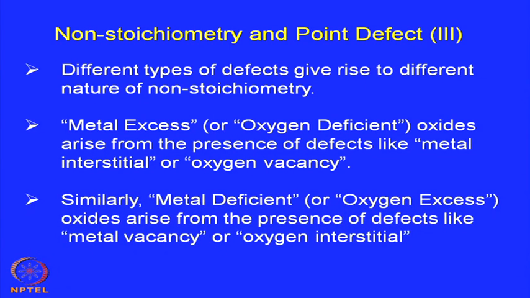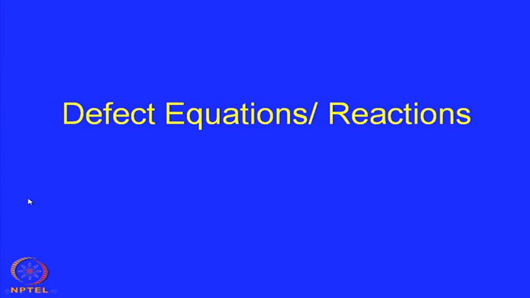Similarly, metal deficient or oxygen excess oxides, the reverse of that, arise from the presence of defects like metal vacancies and oxygen interstitials. I think common sense is good enough to understand that.